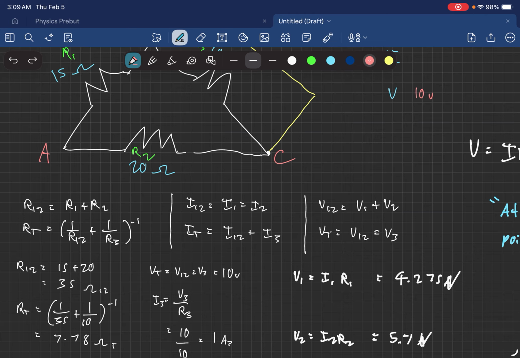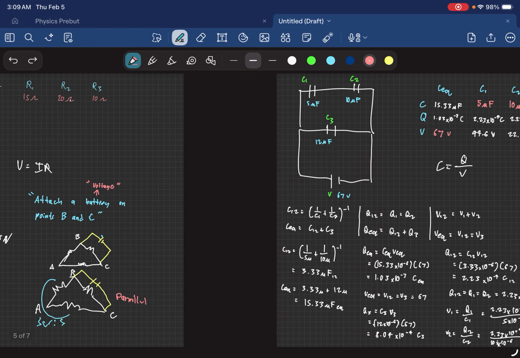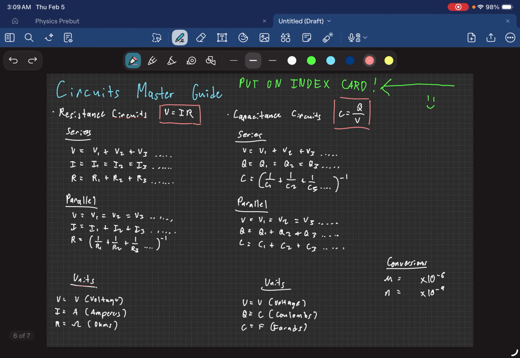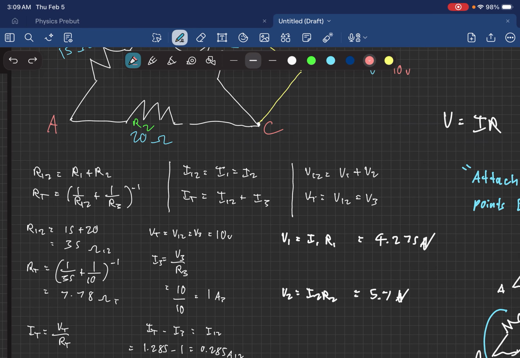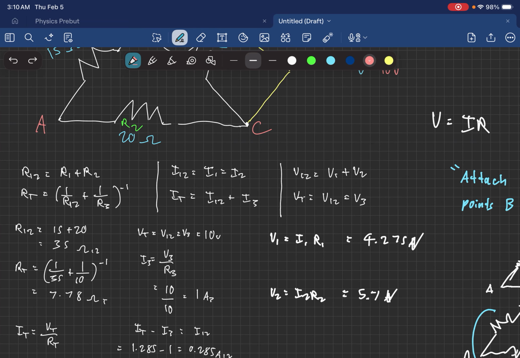Again, you can refer to the master guide. So I12 is equal to I1 is equal to I2. Next, the second equation, IT is equal to I12 plus I3.